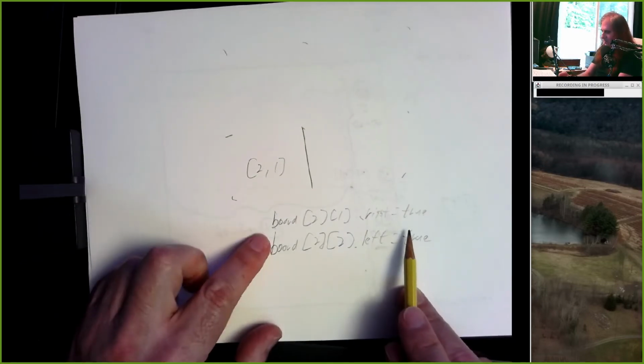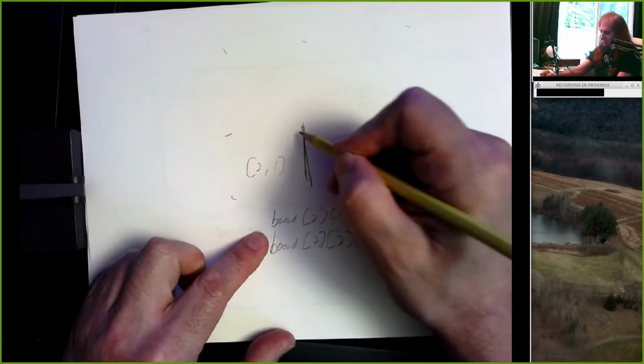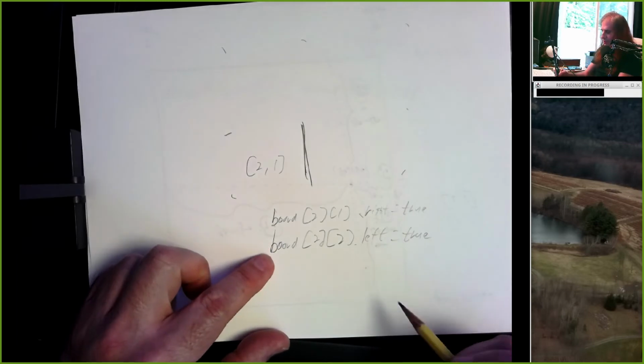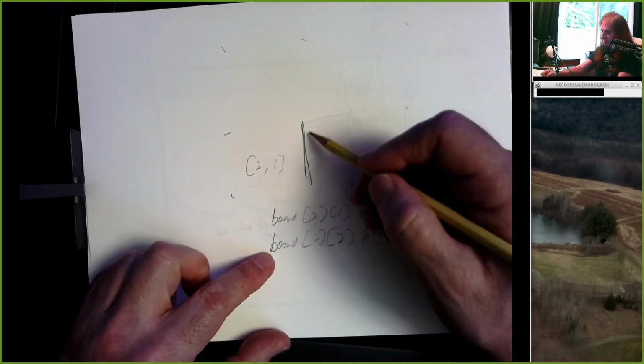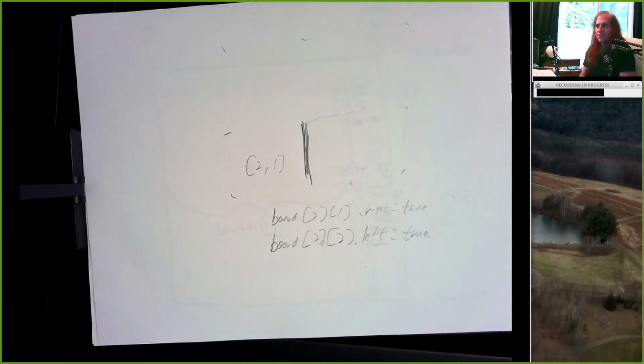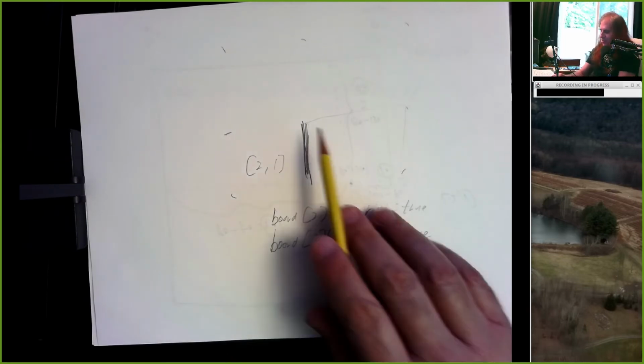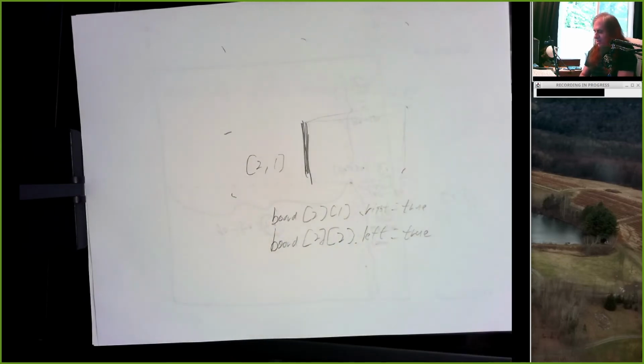So this sets this right edge of this box, but we also need to make sure that in this box we've set the left edge to be true. Because at some point someone may complete this box, and if we don't set this edge to be true, it's not going to see that box as completed.